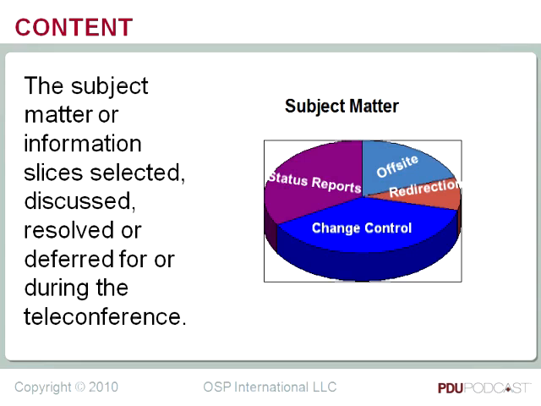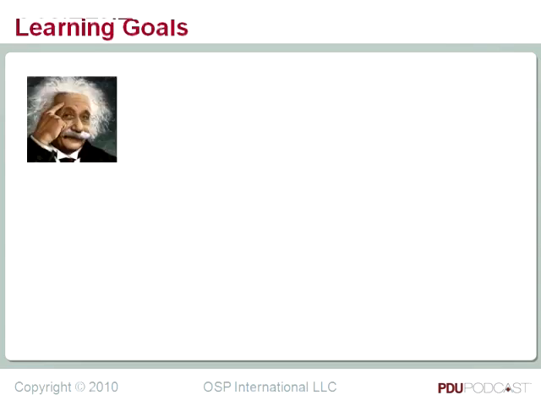The teleconference is an active participation event. If it wasn't that, then you could do everything with an email or over a website with just information that people could access.